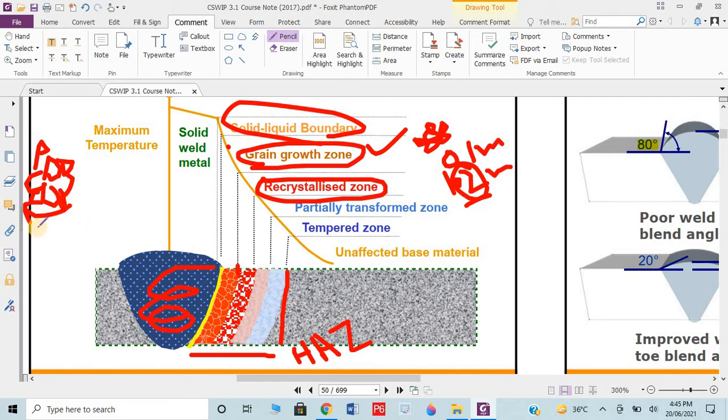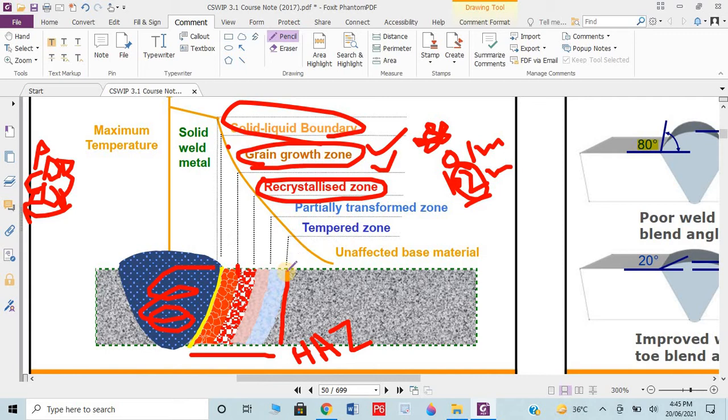If we want to see it, then we use a microscope. So if the crystals change their location, it is known as the recrystallized zone. This can also be an examination point of view. The question could be, in the recrystallized zone what happened: grain size increased, liquid particles entrapped, or crystals changed their location or recrystallized, or none of these, simply tick here. Then we have the partially transformed zone, where a little bit of temperature could be transferred.